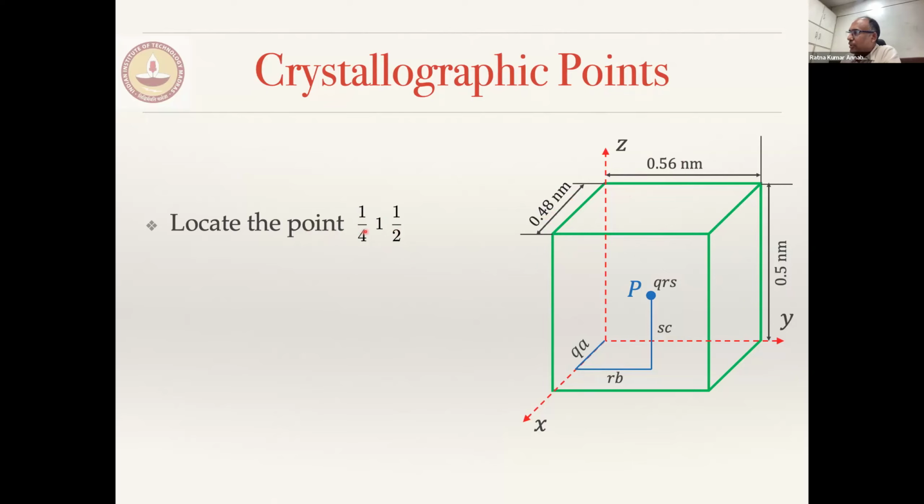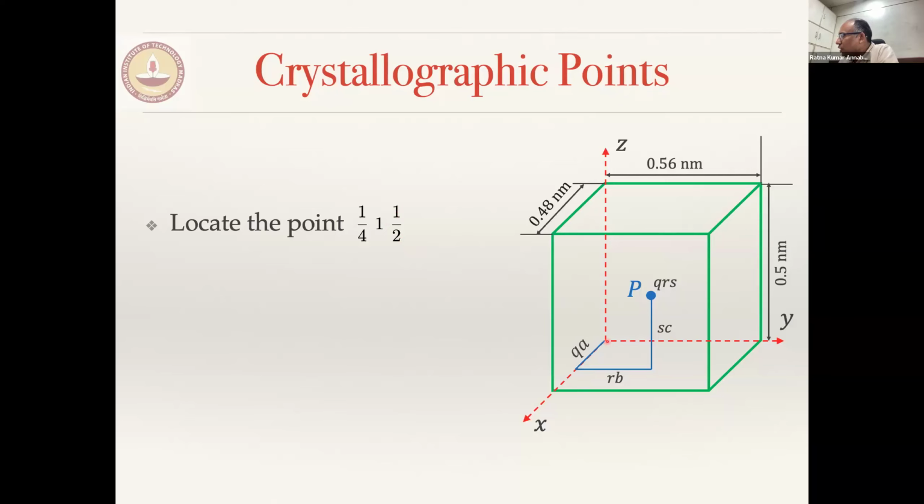So how do you identify that point? The x projection is 1 by 4, so along x, it is at what distance? 1 by 4 times 0.48, isn't it? Along y, 1 times 0.56. Along z, 1 by 2 times 0.5.